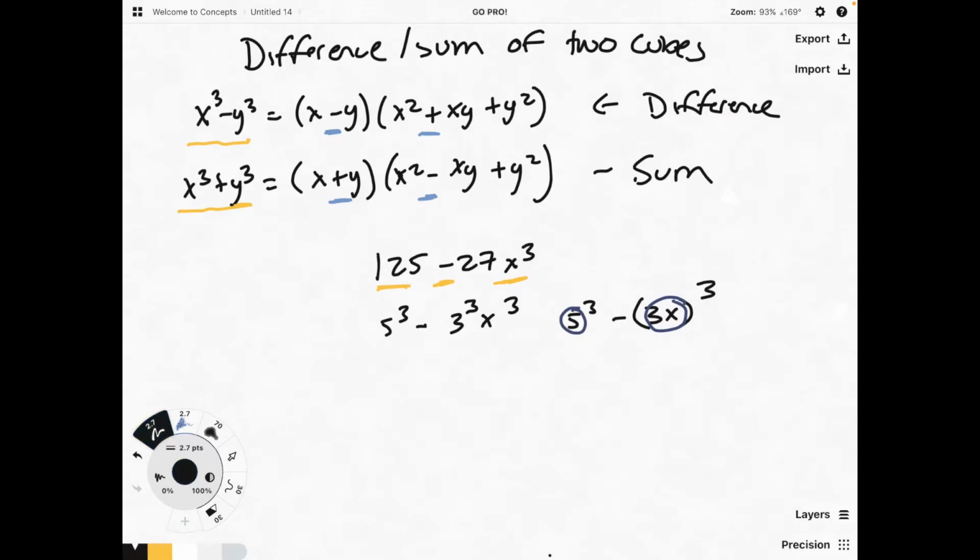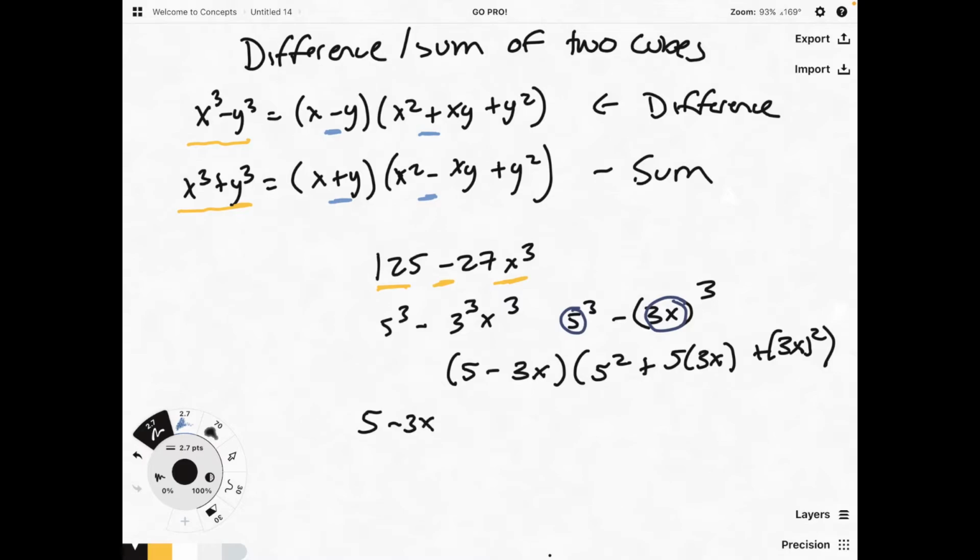And so with that, we have 5 minus 3x, times 5 squared, plus 5 times 3x, plus 3x squared. And so now we simplify: 5 minus 3x, times 25 plus 15x plus 9x squared.